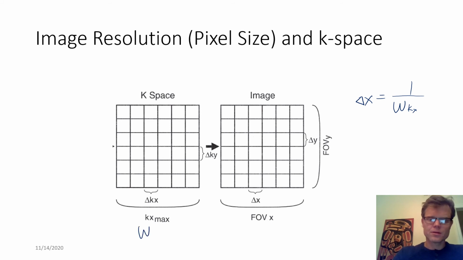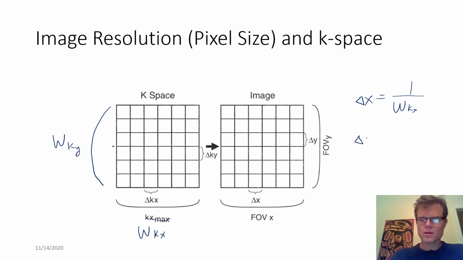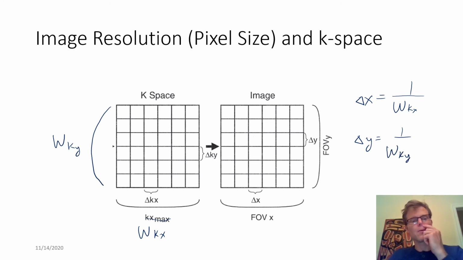I'm going to use this term, width of kx, to define the sampling width, so how far we go in k-space in the kx and ky directions. These relationships say the further we go out in k-space in kx and ky, the finer or smaller our image resolution becomes.